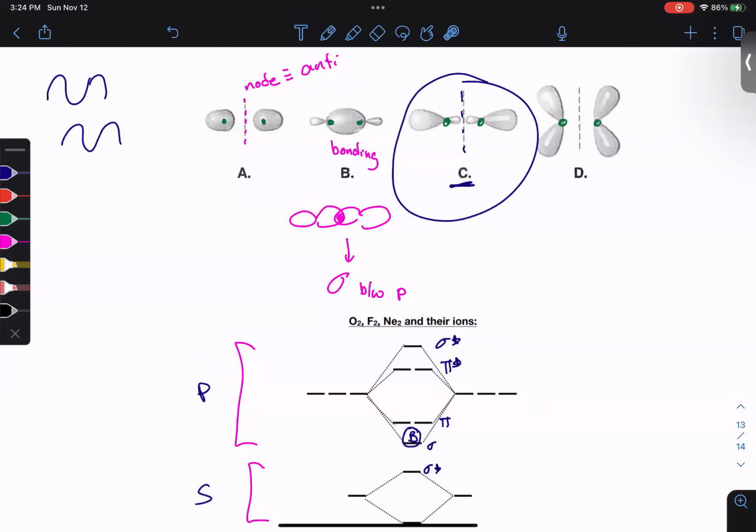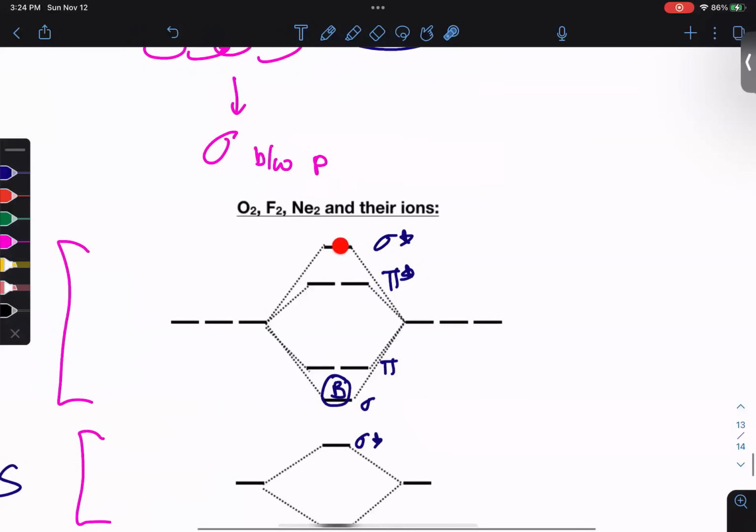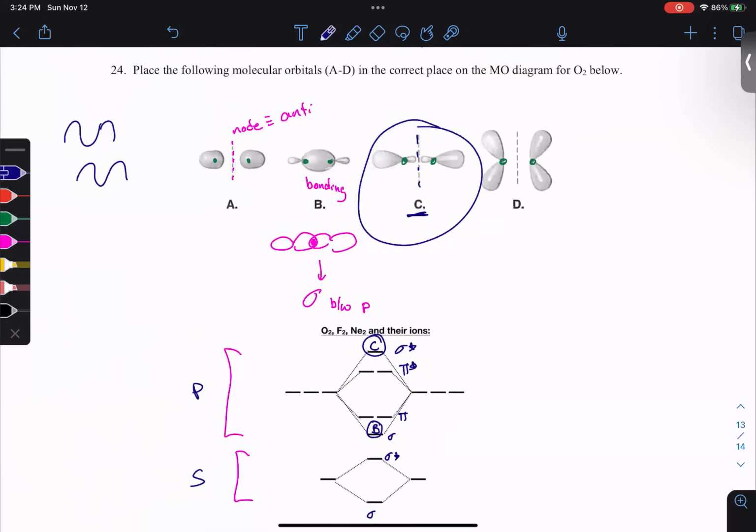So it's anti-bonding, and its parents are p orbitals. Finally, is it a sigma interaction or a pi interaction? Sigma. So which spot does it go in, 1, 2, or 3? The first one. So that is C. We were able to deduce that this is a sigma star between p orbitals.